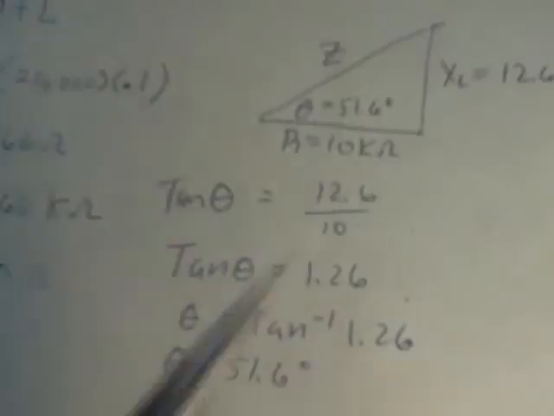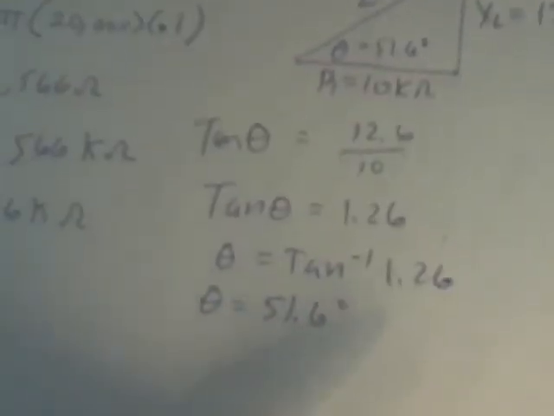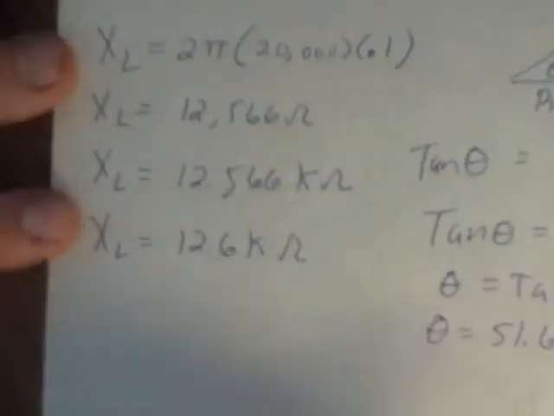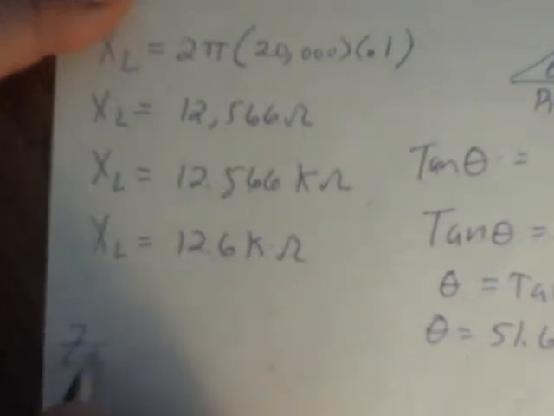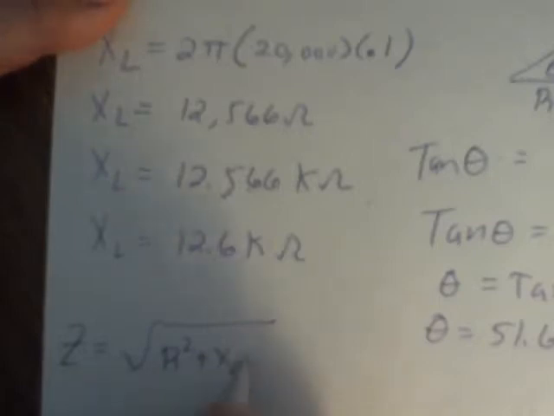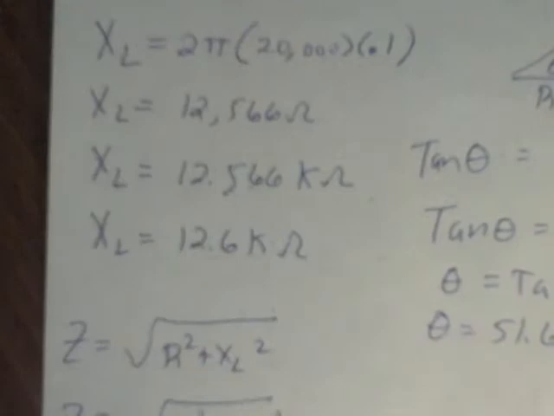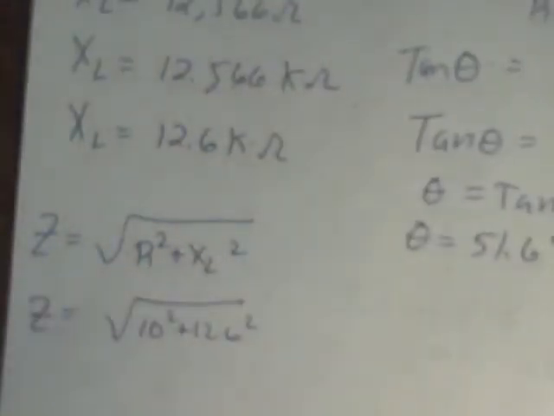And I fill in my triangle just to keep track of where I am, because it's difficult sometimes. So I marked off X sub L, marked off theta, Z is next. Pythagorean Theorem, highly recommend that one. So it's the square root of R squared plus X sub L squared. Since everything's K ohms, we can just use the numbers without the prefixes, knowing that when we're done, our answer will automatically be in K ohms.